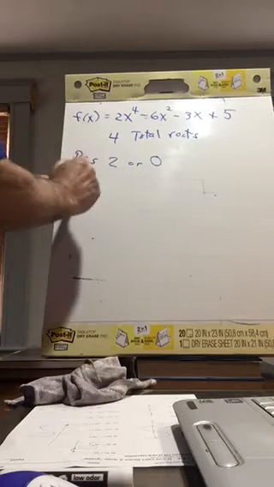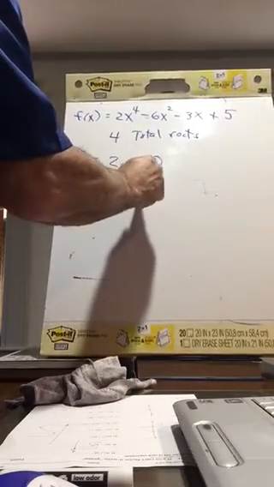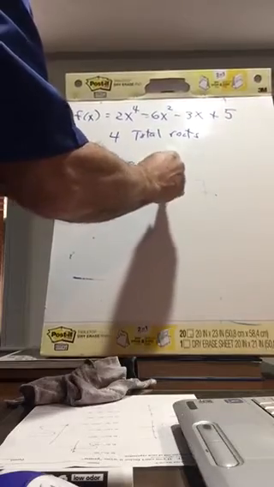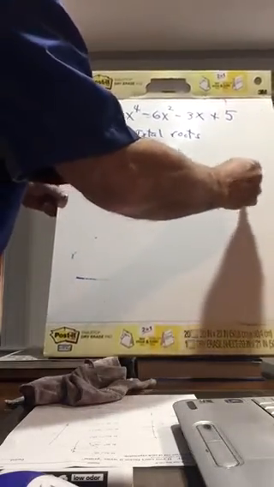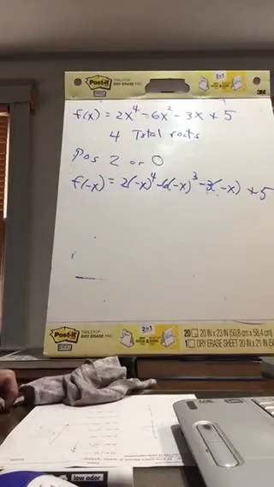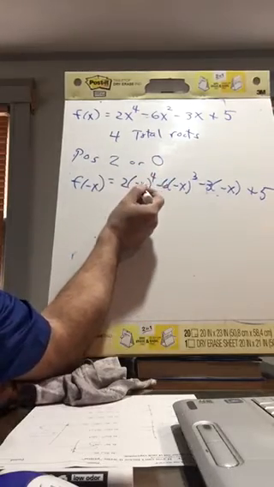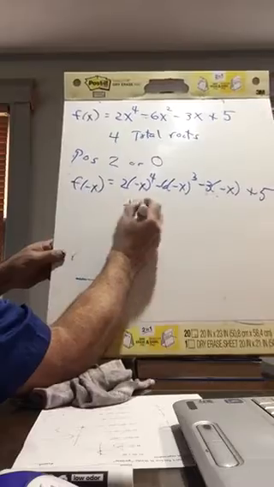How about the negatives? F of negative x. Replace each x with negative x. And let's see. A negative to the 4th power is a positive, times 2 is a positive. I don't care about the coefficients.